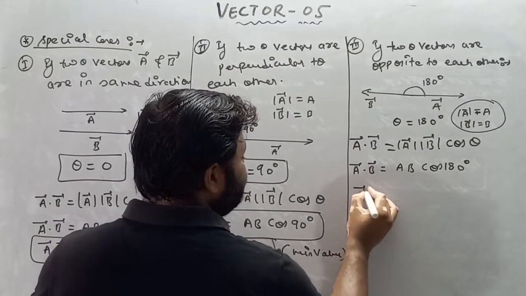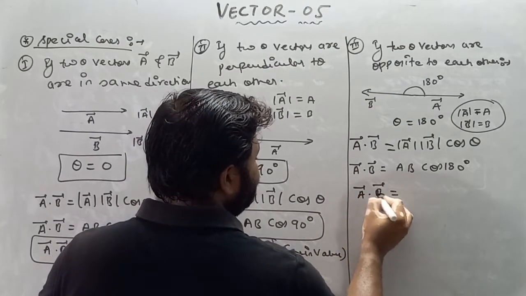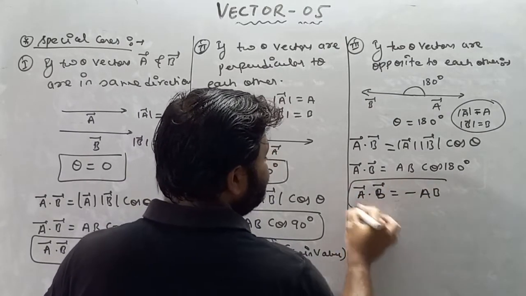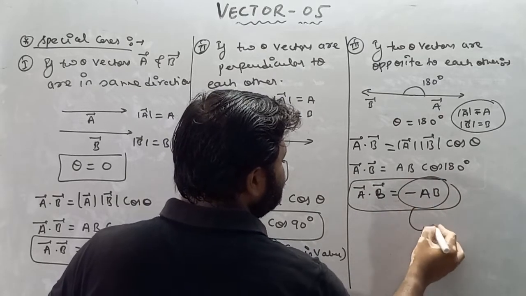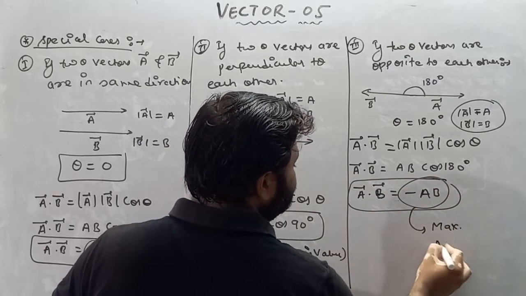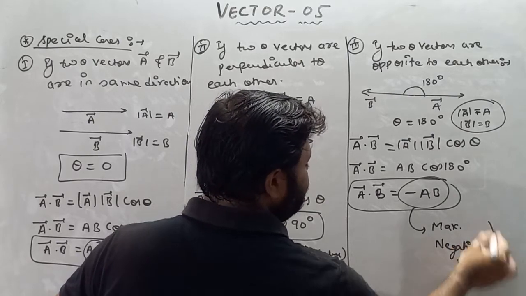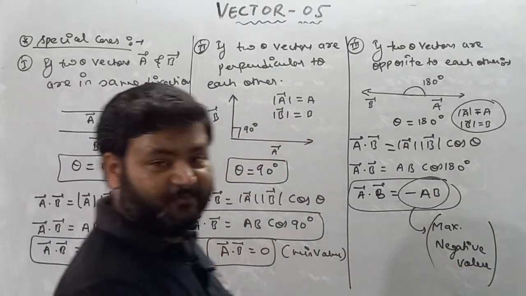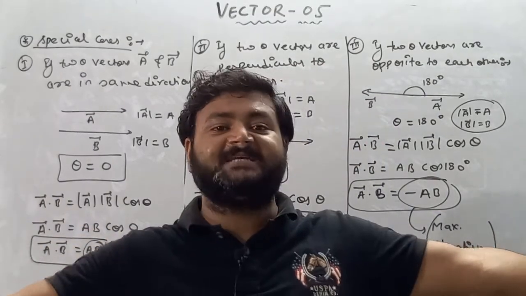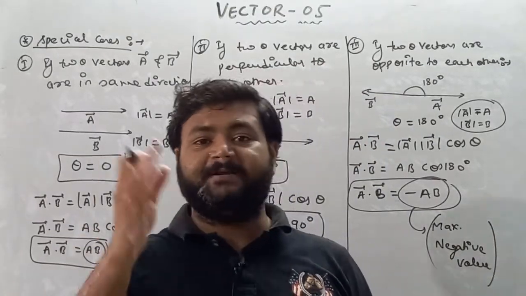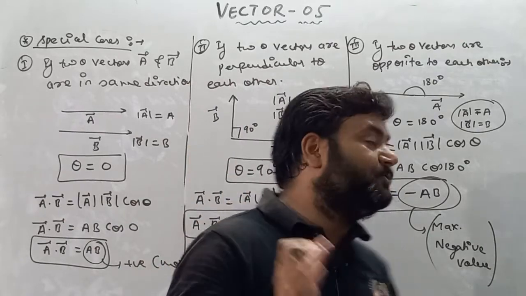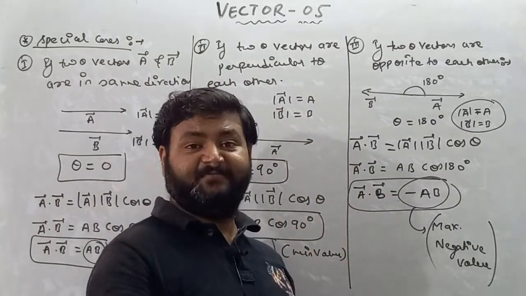So A vector dot B vector becomes equals to minus AB. It is said to be maximum negative value. So remember my dear student, if two vectors are opposite to each other, then dot product between two vectors give you the negative maximum value.